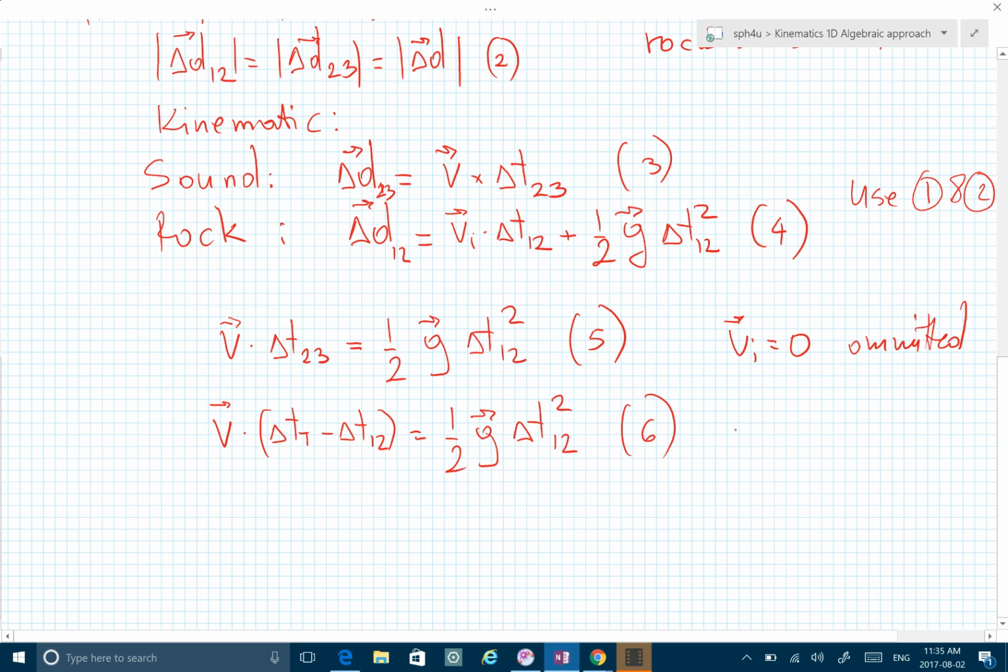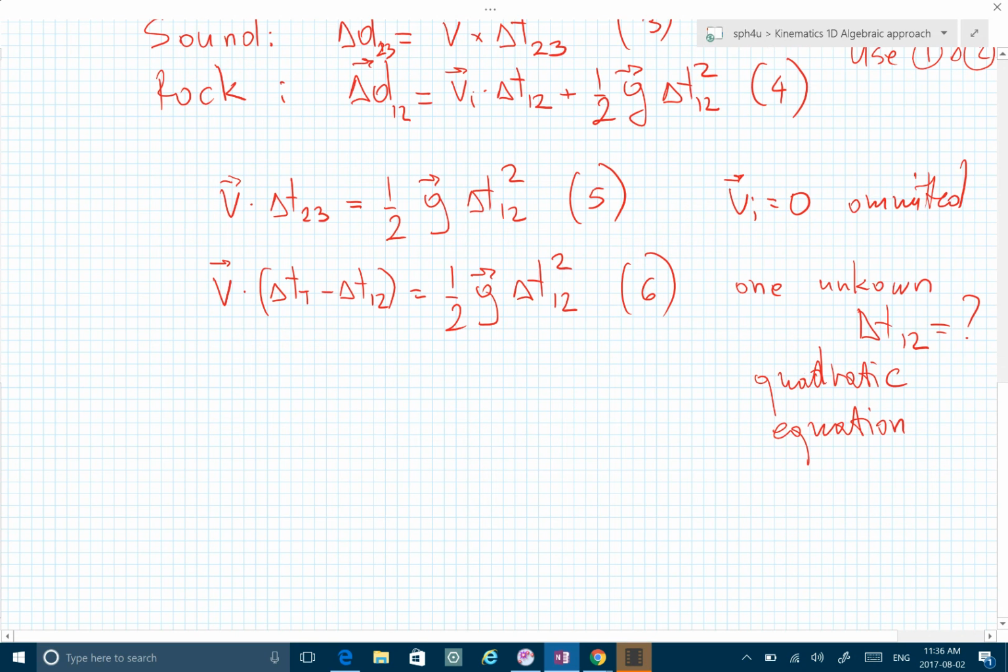As you can notice now, there is only one unknown, which is delta t from 1 to 2. And we do have a quadratic equation, so we can actually solve it.